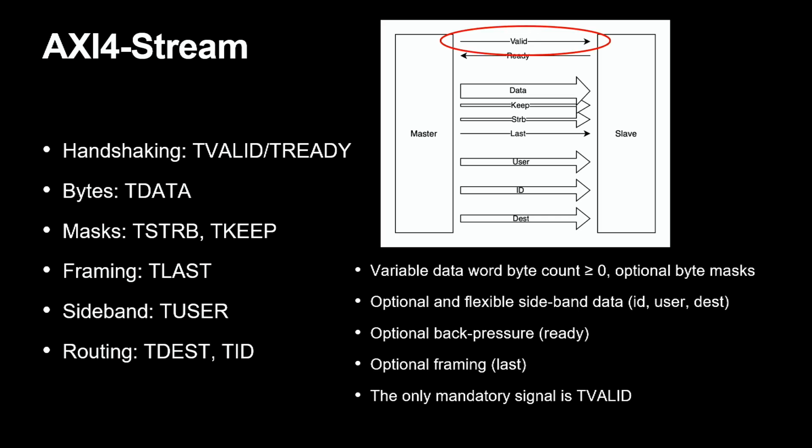Well, actually, the only required one is valid. Even data is optional. It can be 0 bytes wide. So in the end, there is way too much flexibility in the specification. And if you want to do a stack of reusable models, you end up having crazy code with way too many options.